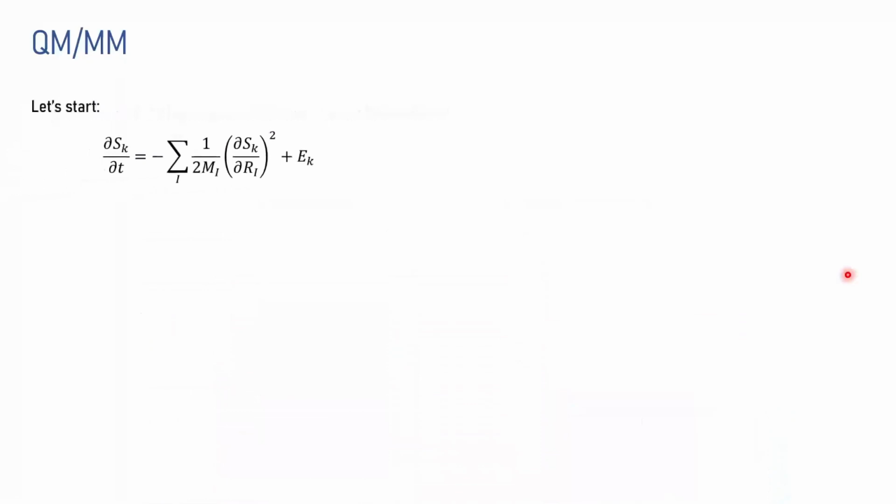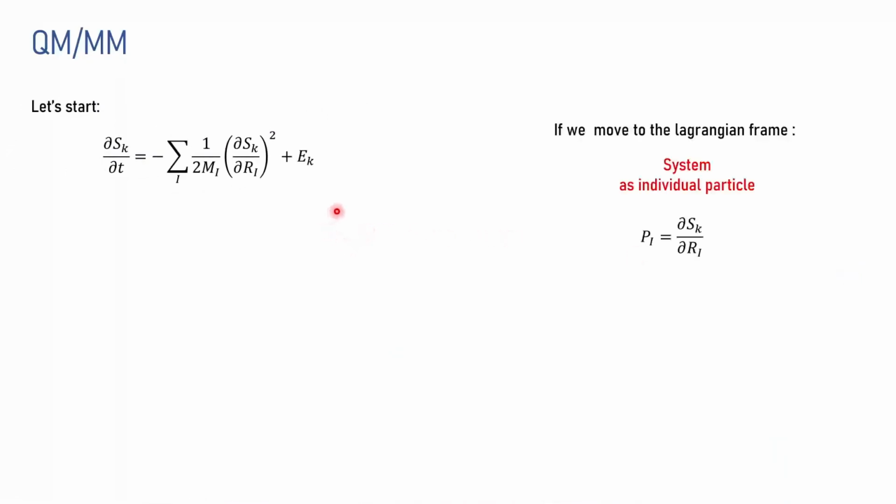Let's start from the first equation we have. If we move to the Lagrangian frame, we describe our system as individual particles, and every particle has a momentum. This momentum can be defined as the partial derivative of Sk with respect to Ri.